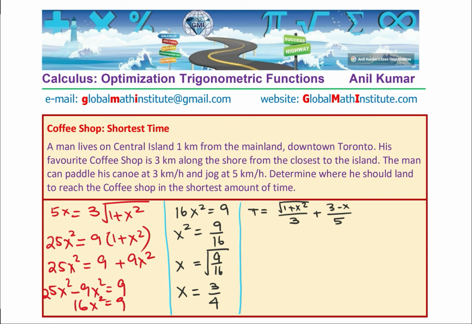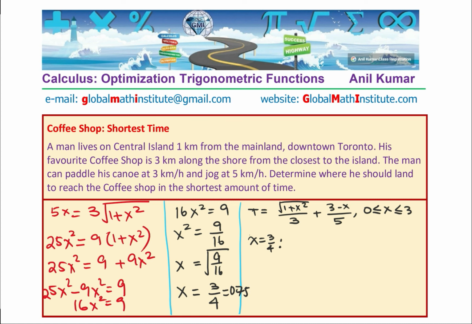Since we have a critical number, which is 3 by 4, and we also know that x is between 0 and 3, correct? So let us find the value of t when x is equal to 3 by 4, right? So substitute 3 by 4 in this particular formula. What do you get? 3 by 4 is 0.75, right? So let's put this value 0.75 and then calculate.